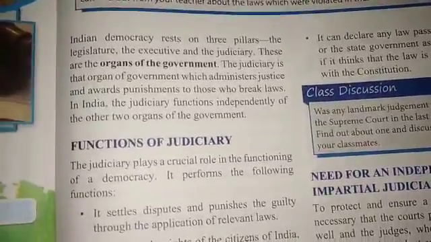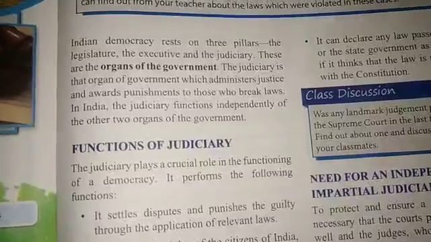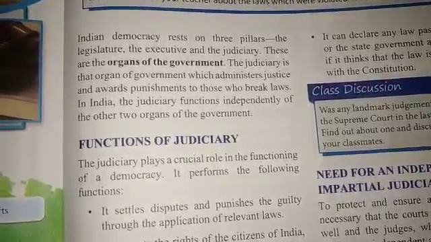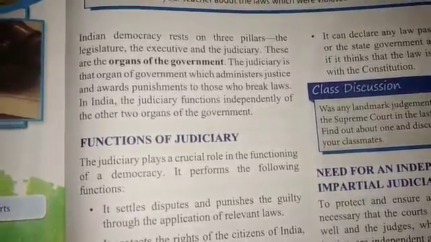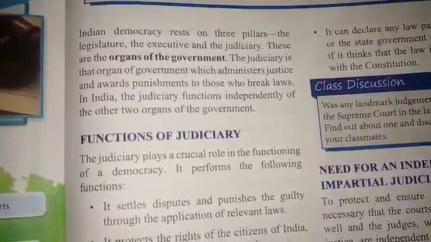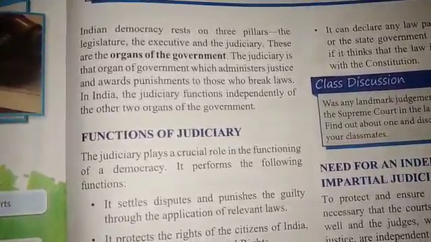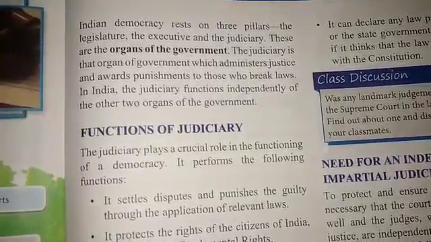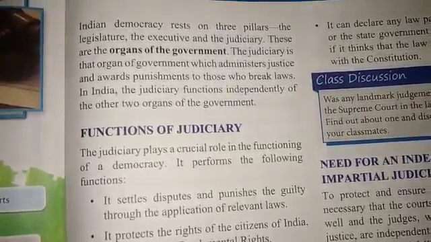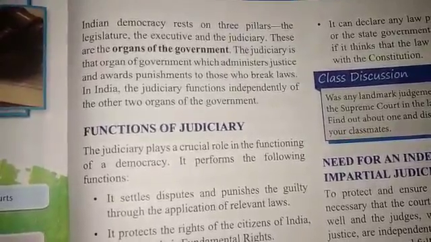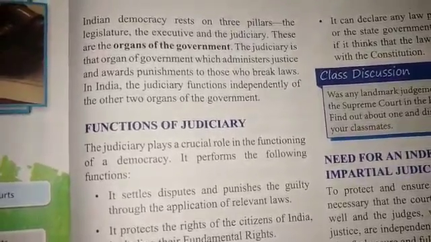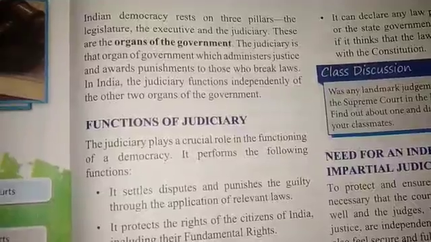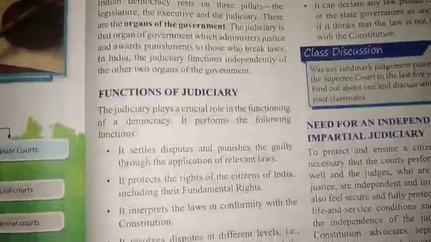It is said to be one of the most important organs of the government, as the judiciary administers justice for the people and even for the government, and it awards punishment to whoever breaks the laws. In India, the judiciary functions independently of the other two bodies, the executive and the legislature.